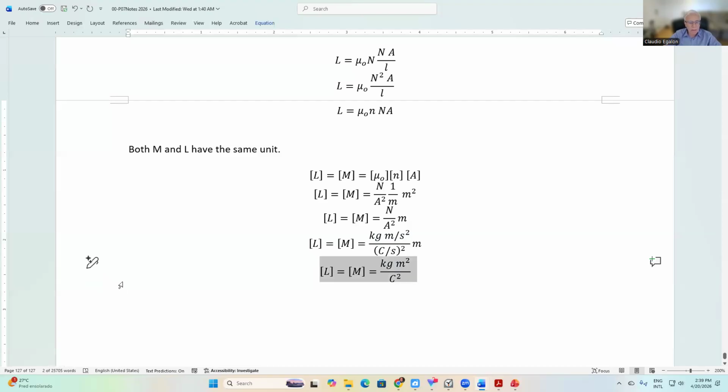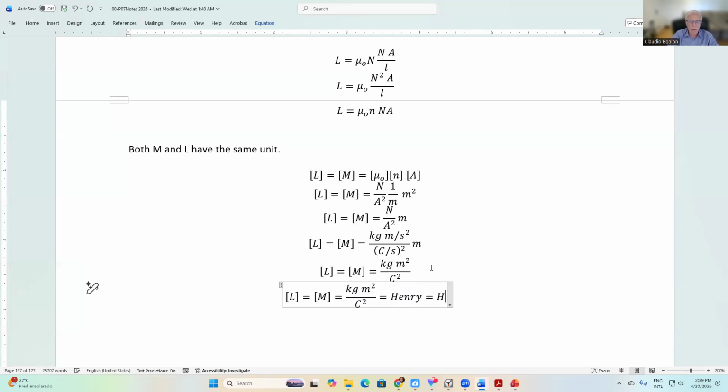We call it then the Henry, honoring Joseph Henry. Henry, or H. And that's the Henry, the unit of inductance.